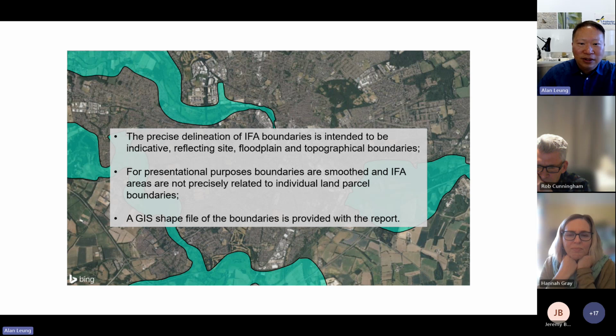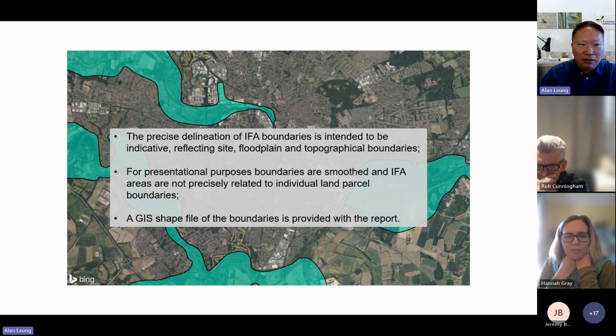So when we draw the outline of the IFA, we try to avoid some of these urban areas. But in general, we try to follow our criteria to delineate the IFA. Having said that, the precise delineation of the IFA boundary is for indicative purposes only.